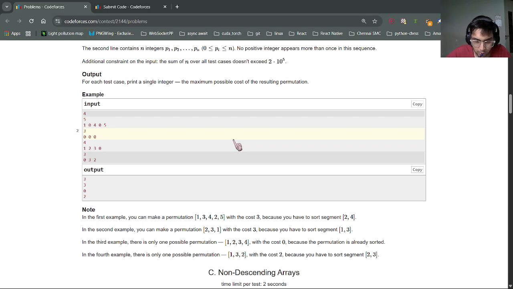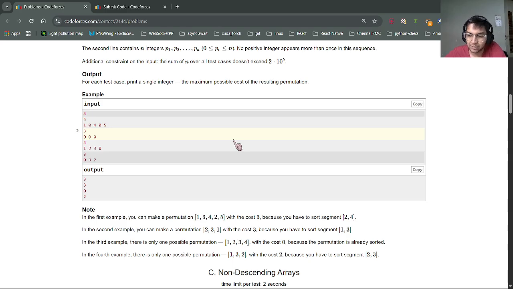But the question is, how exactly does it happen? Because if I have 1 dash 4 dash 5, one is the right place, four is the right place, and if there is only one element that is missing, then you simply have no option.